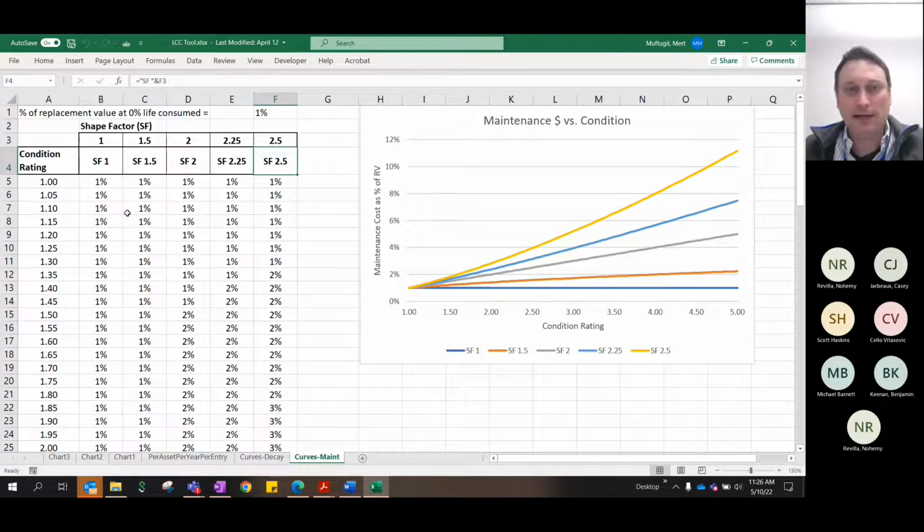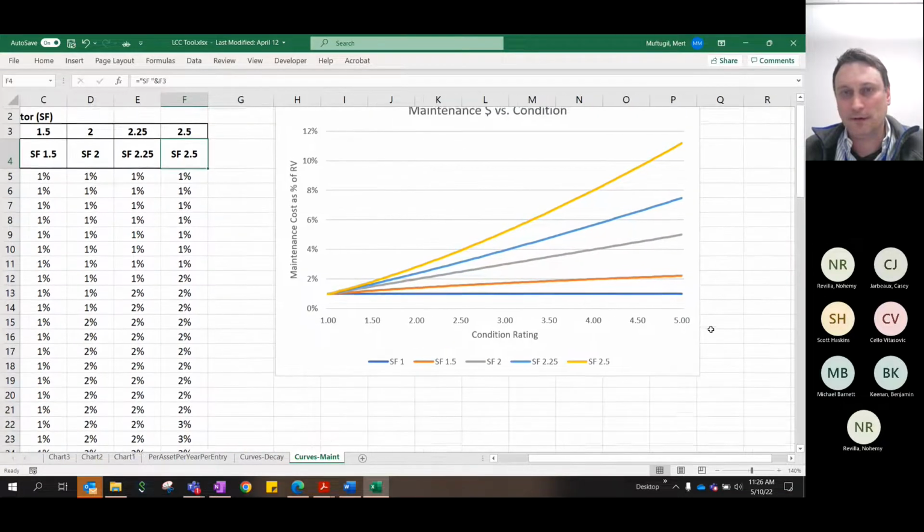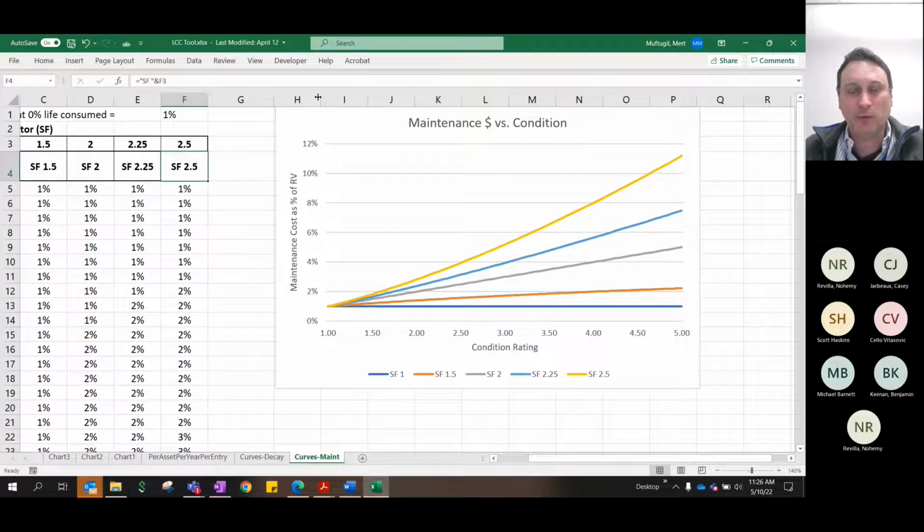So what you see here, on the right side of this sheet, and I'll zoom in a little more, is a quick chart, Y versus X. X is showing the maintenance cost as a percentage of replacement value versus the asset's condition rating.